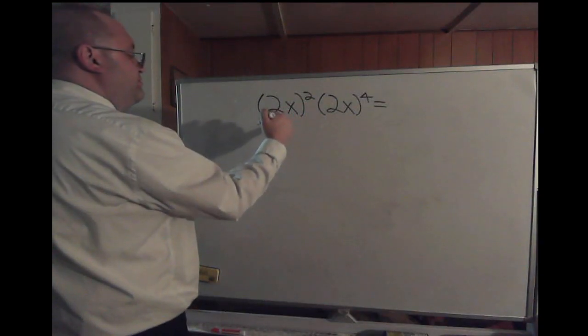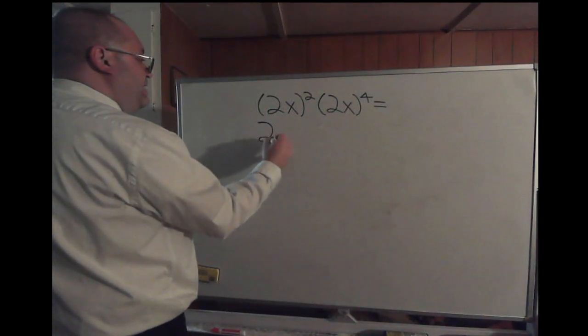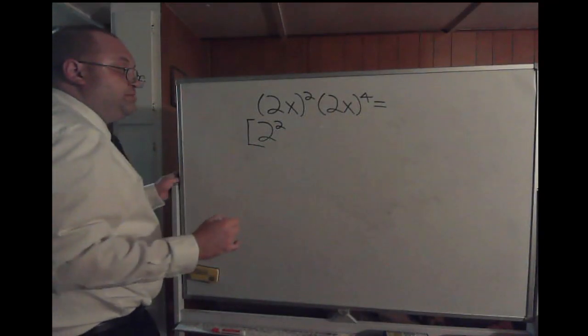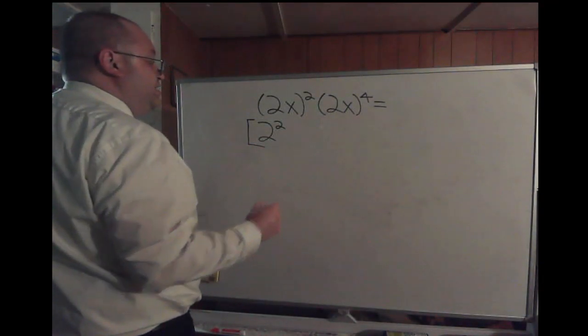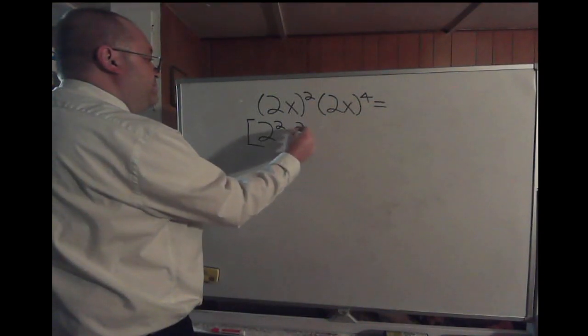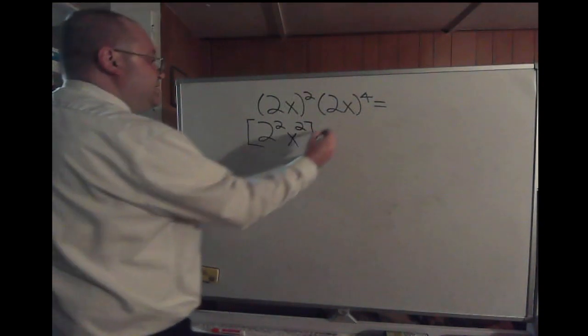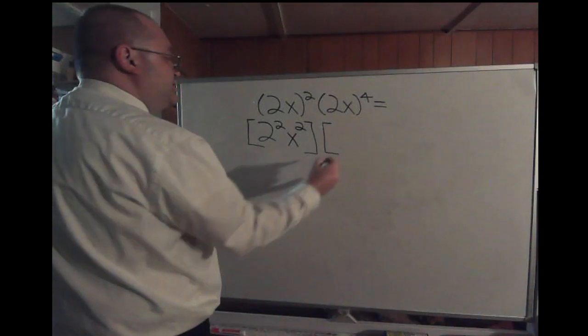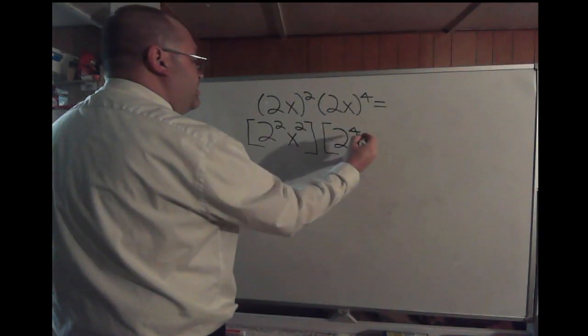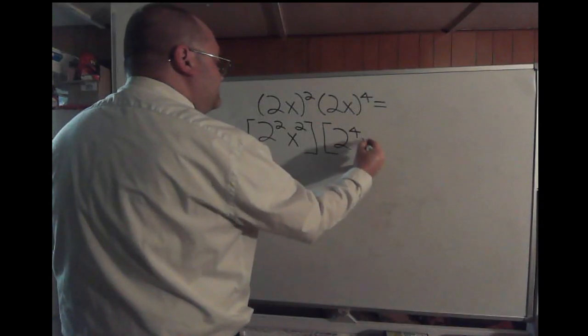You're going to have 2 to the second power. I would create brackets because that's going to make your life a lot easier. You'll have 2 to the second power times x to the second power. Put that in brackets. Then create another set of brackets. You'll have times 2 to the fourth power. Then you'll have x to the fourth power.